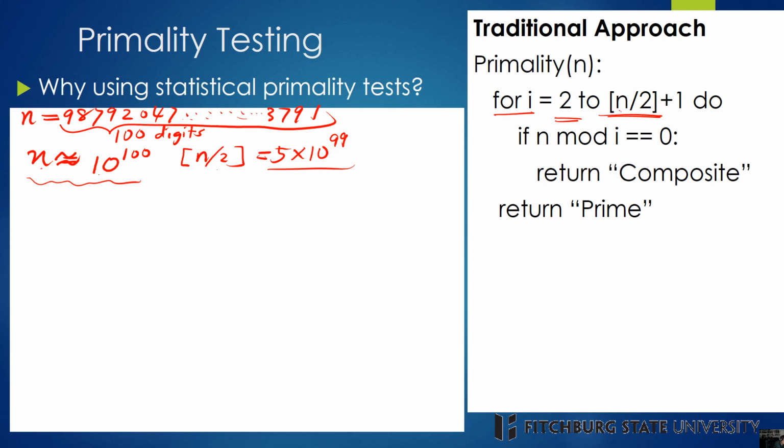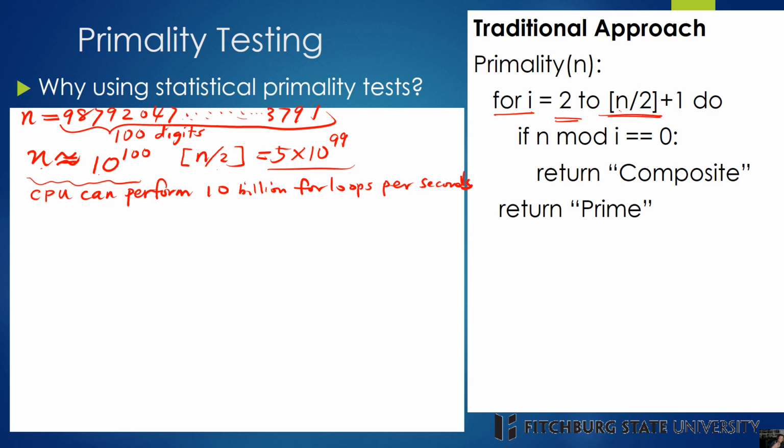Now, suppose I have a CPU which can perform 10 billion for loops per second. That's my CPU.